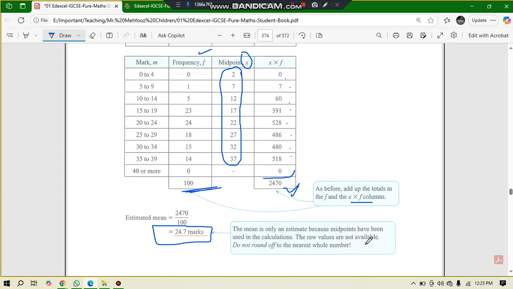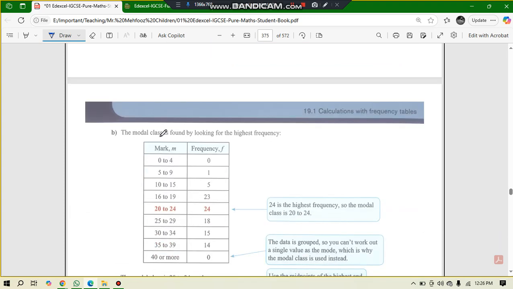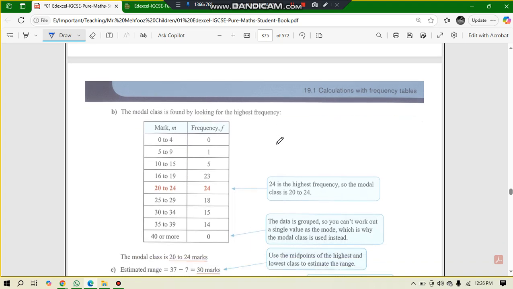Understand this mean? The mean is only an estimate because midpoints have been used in the calculation. The raw values are not available, and because these are classes, we do not round off to the nearest whole number. Understand or not? Okay. Next, the modal class is found by looking for the highest frequency.